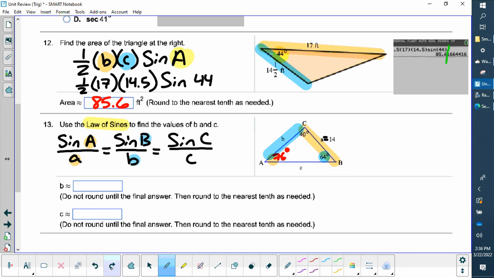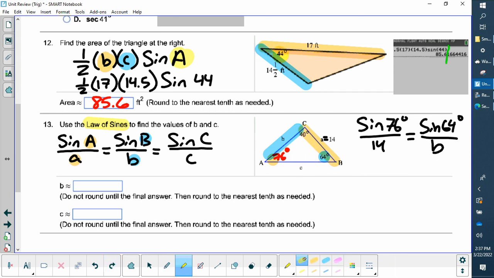Over here to the right, I get sine of big A, which is 76 degrees, over 14 equals sine of 64 degrees over B, which I'm looking for. Just like we've done in the past, this is a proportion.